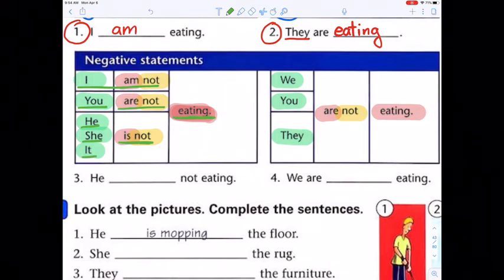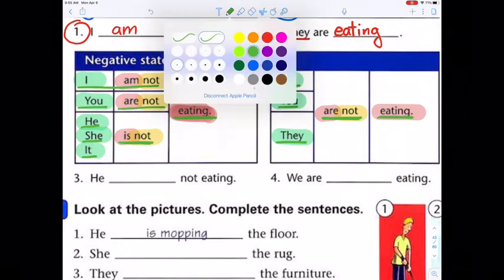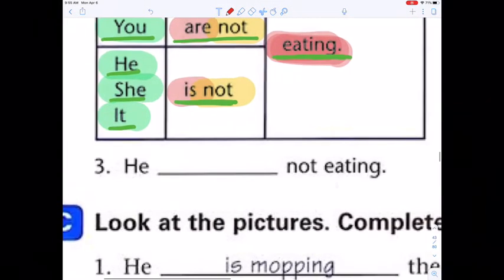It is not eating. We are not eating. You are not eating. They are not eating. Okay? Let's try these sentences below.